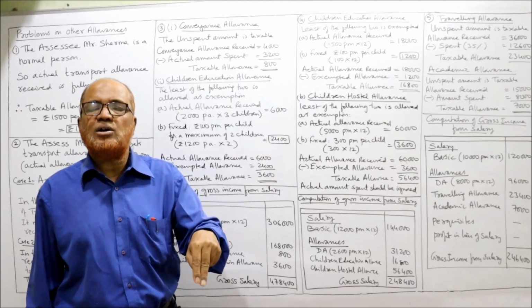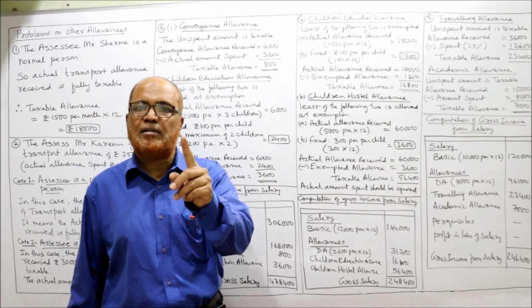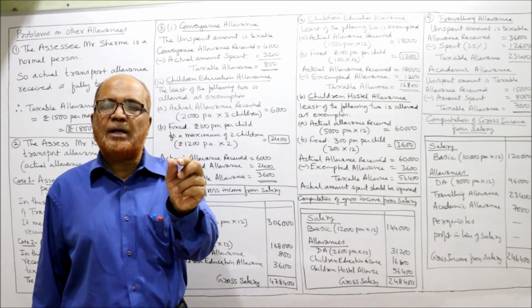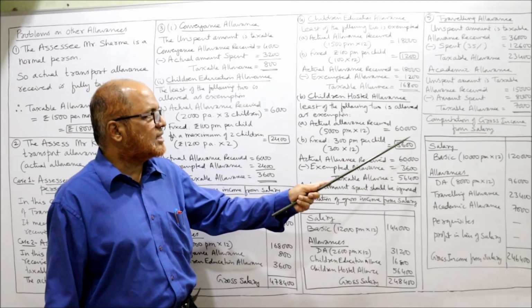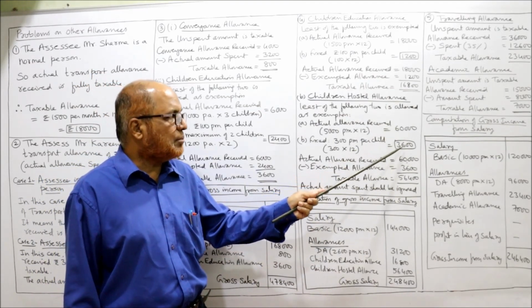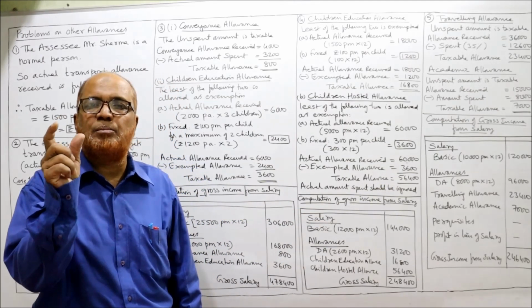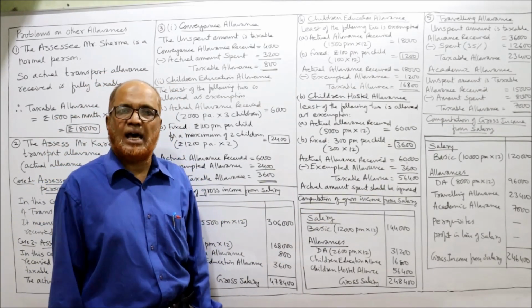But he is getting the allowance only for one child. The fixed amount is also taken for one child. So 300 per month into 12, 3,600. So 60,000 minus 3,600, 56,400 is the taxable portion of hostel allowance.